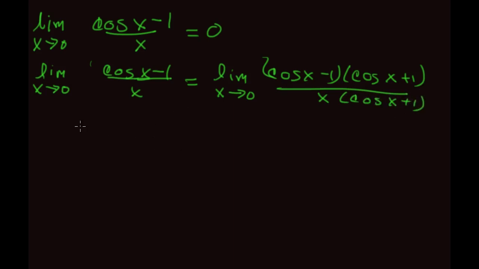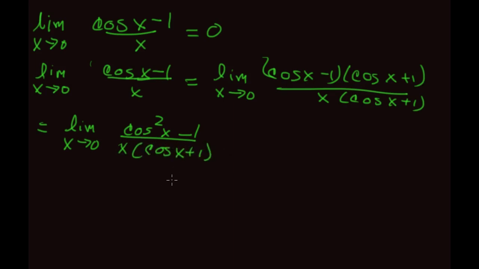Okay, so why did we do that? Because that creates a difference of perfect squares and gives me the limit as x approaches 0 of cosine squared x minus 1 over x times the cosine of x plus 1. Why does that matter? Because I can break things apart here.